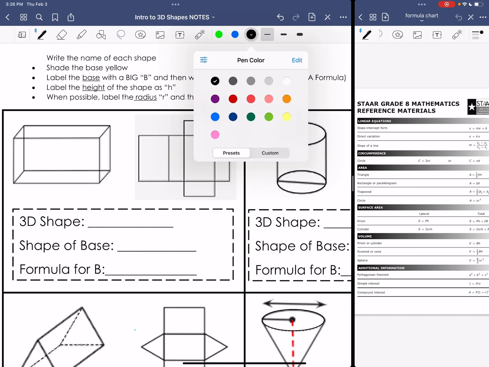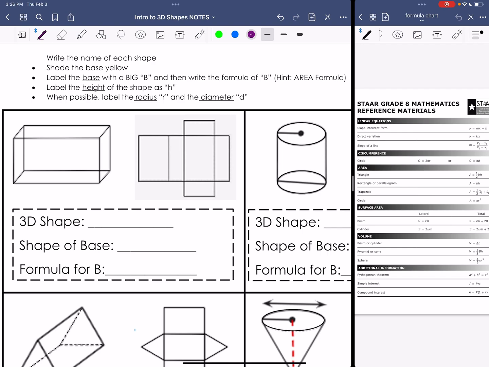So here we actually have a rectangular prism. Rectangular prism. And the shape of its base is going to be a rectangle. Now, something that's very important is that whenever you are identifying the base of a rectangular prism, it's always going to be the bottom. So the bottom of this rectangular prism is going to be B for its base.